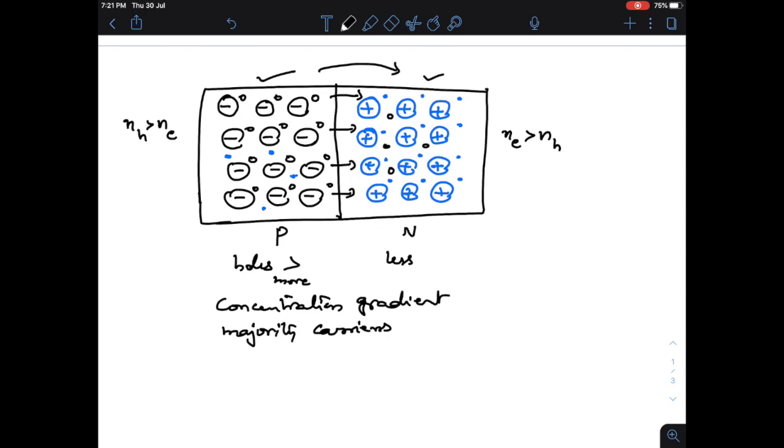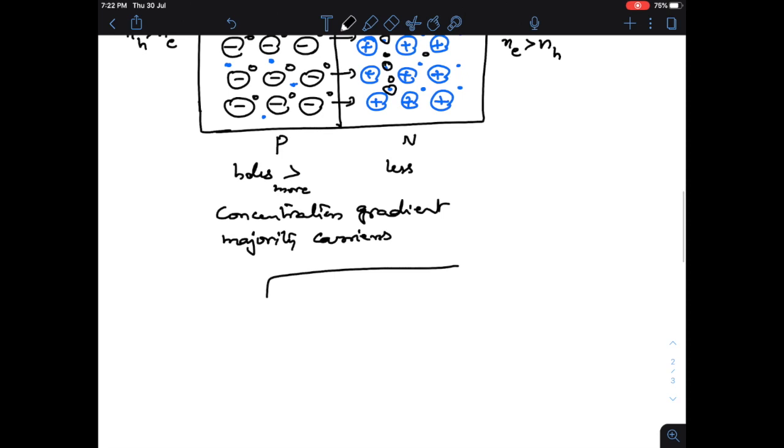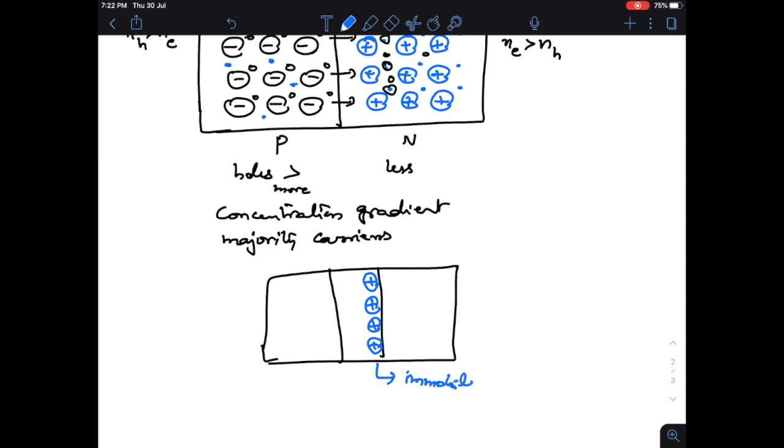Thereby they recombine with these electrons. Thereby a layer of these positive ionized donors will form here, which become immobile, which means basically they are tightly bound to the lattice with the surrounding atoms.